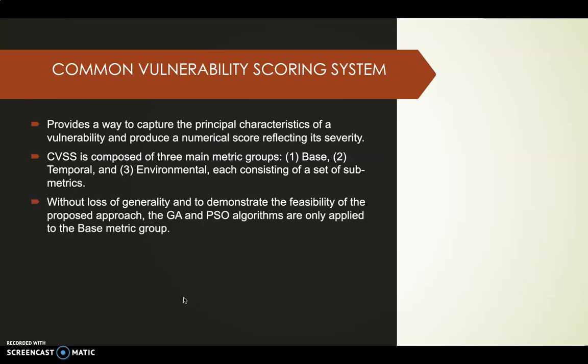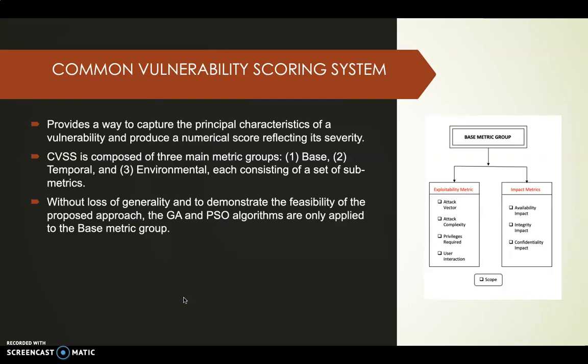But with this paper, we'll be only dealing with the base metric, as it reflects the severity of a vulnerability according to its intrinsic characteristics, which remain constant over time. On the right, you can see how the base metric group is divided into two main sub-metrics: exploitability and impact, and each of them has its own corresponding vector fields.